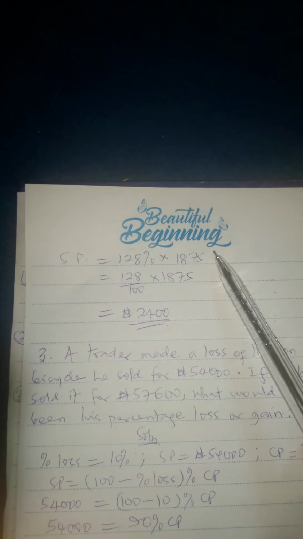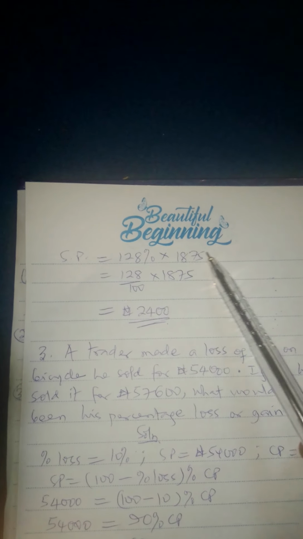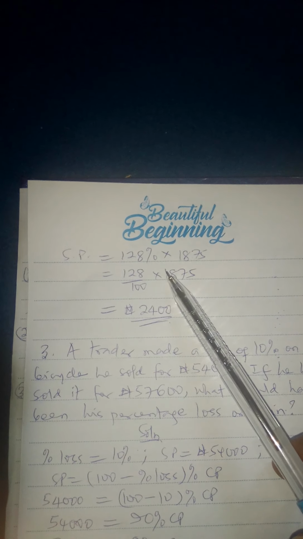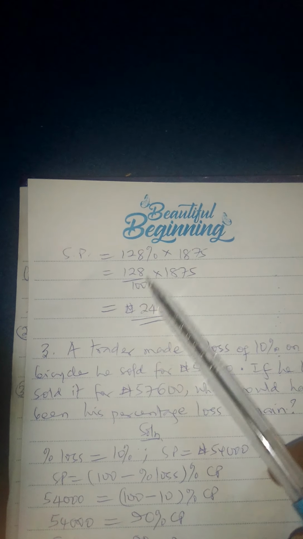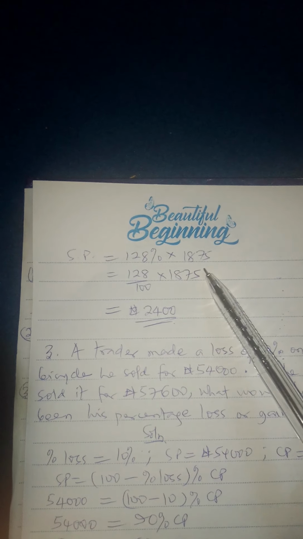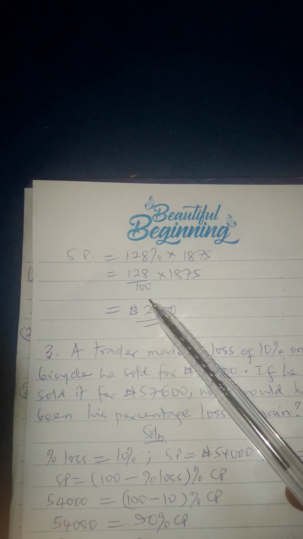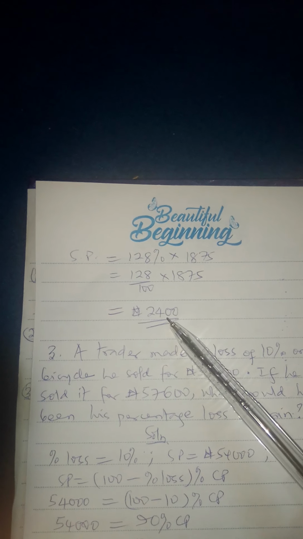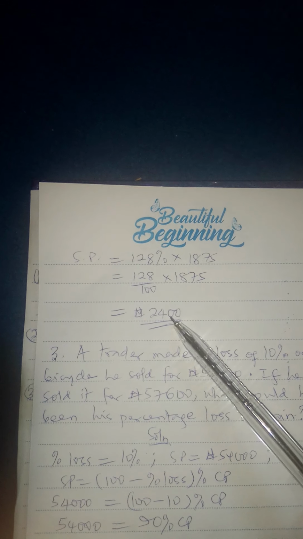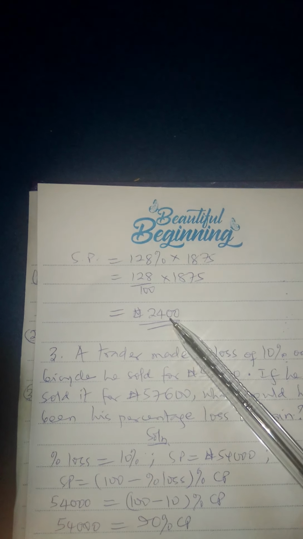That will give us 128% times 1875, and that you interpret as 128 over 100 times 1875. When you press your calculator, it will give you 2,400. That will be the new selling price of the article.